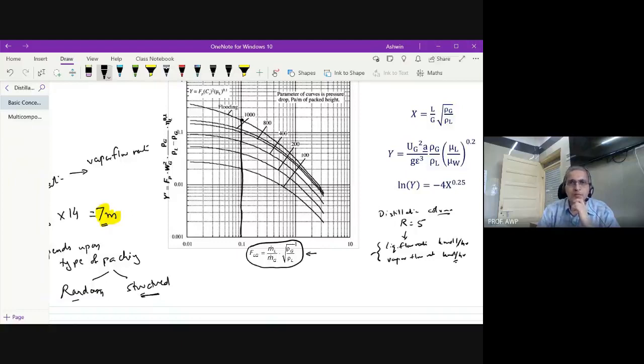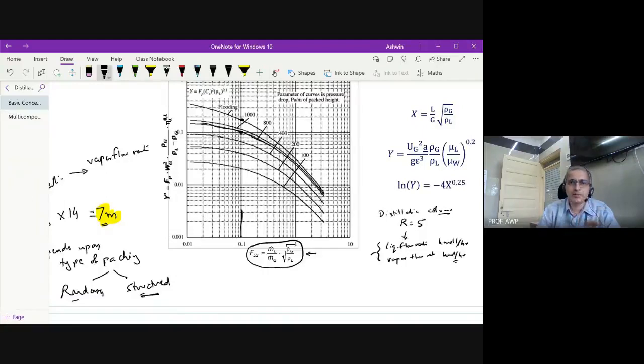If you see these numbers, these are in terms of pressure drop, in Pascal per meter of packed height. Say this line corresponds to 1000 Pascal per meter, 800, 400, 200 and 100. Suppose this flooding line I don't want, I want something lower than flooding. So let's say I want this particular line to be followed for my column operation.